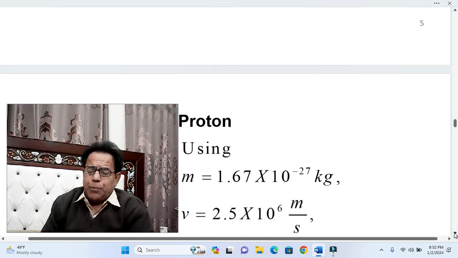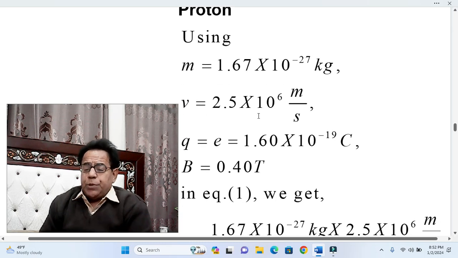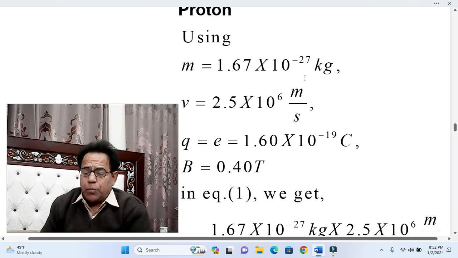First we come towards proton. Using m equal to 1.67 into 10 raised to the power minus 27 kilogram, the mass of proton from the table in which various masses are given. V is given in the statement, q or small e is given in the table, and magnetic field B equal to 0.40 Tesla is provided in the statement.